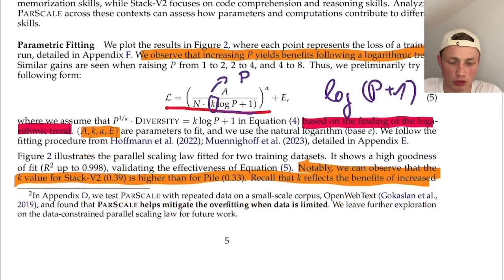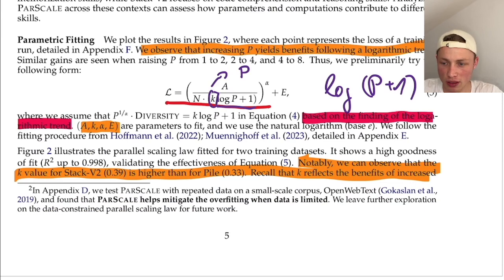And one very interesting fact they found out is that they looked at the K value for two different datasets. Okay, so they trained two models. One is named Stack V2, and this is more coding and more reasoning. And then we have the Pile dataset, and the Pile dataset is more about memorization. You achieve a good loss if you can do good memorization on the Pile, and for Stack you have to understand more math, more coding, some more reasoning.